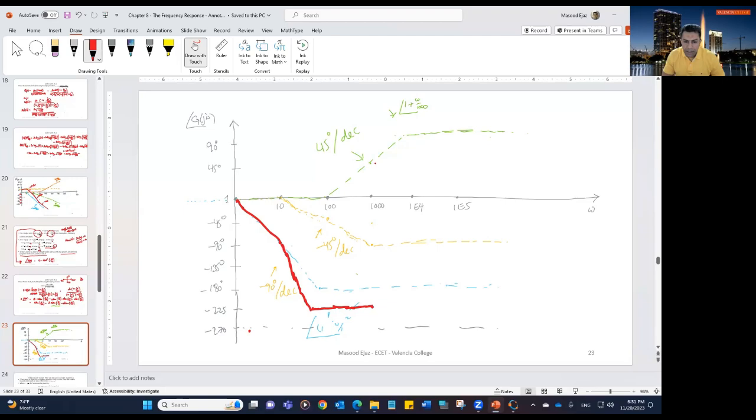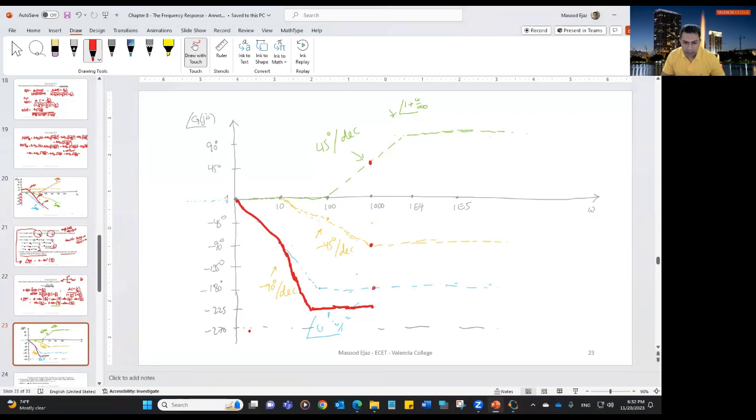But this is increasing. So if it is negative 90 and positive 45, that's going to be negative 45. So negative 45 and negative 180 will still be negative 225. So it's going to go negative 225. I think it's going to be negative 225 all the way. Let's see. At this point, you have 45 degrees. This is negative 90 degrees.